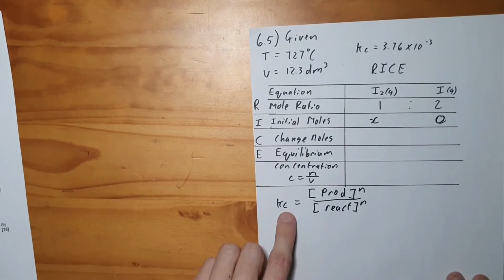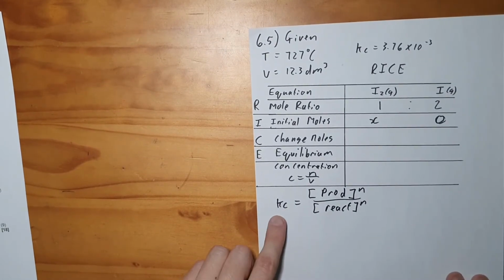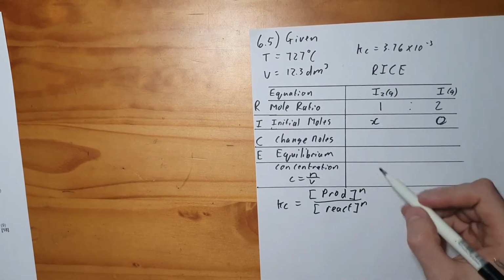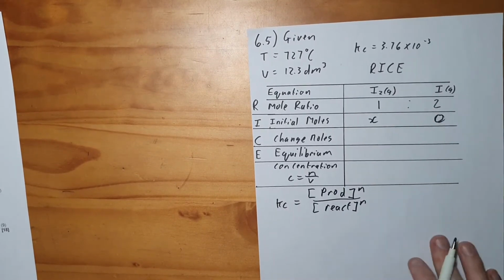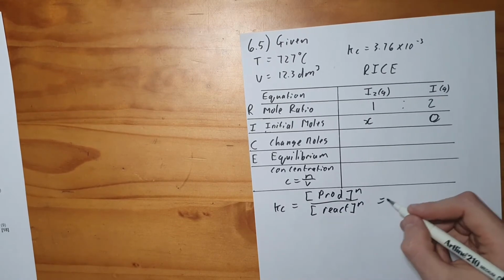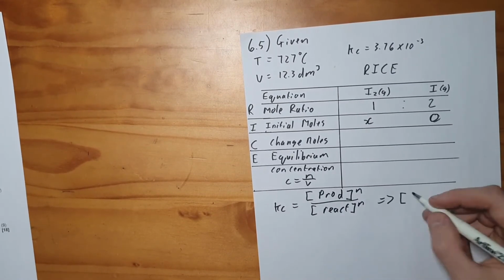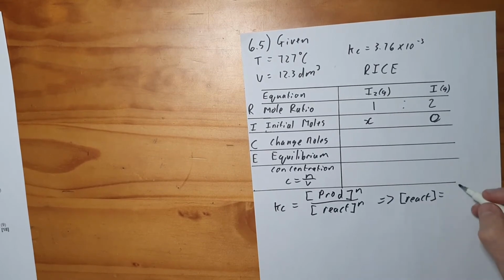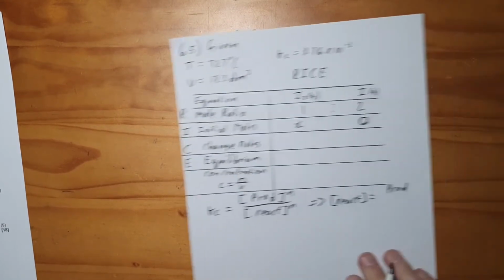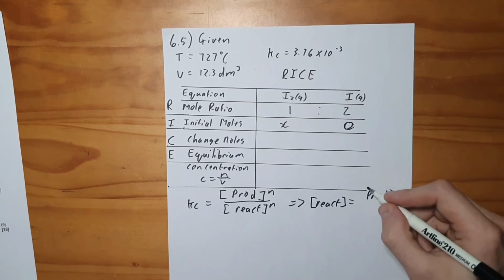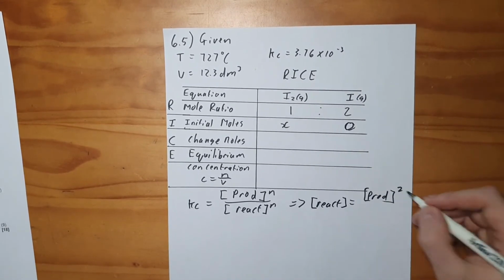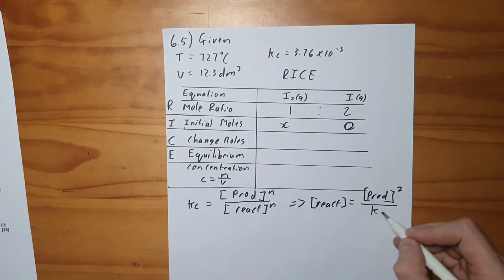So I have my Kc value, I can substitute that in, and I can work out what my reactant concentration is, because that's what we need here in order to work backwards. So my reactant is going to equal my products. Now remember, it's 2 moles of my product, so I have to square this bracket, all over my Kc value.